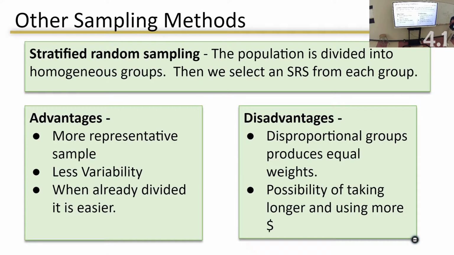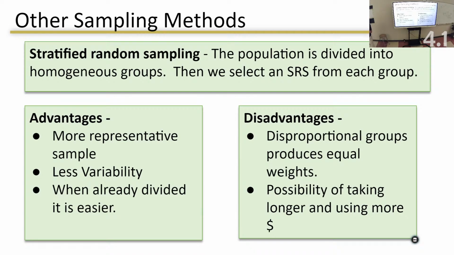With 4 groups, now I have to number them 1 through 900, and I have to number the other one 1 through 900, and the other one 1 through 900, and then I have to randomly select from each one of them. It just takes a little bit longer, but it's more precise. It's less varied. It's typically a better representative of the entire population. So depending on what we're trying to find out, typically it's worth it to do it.